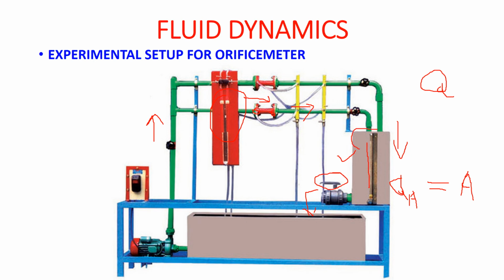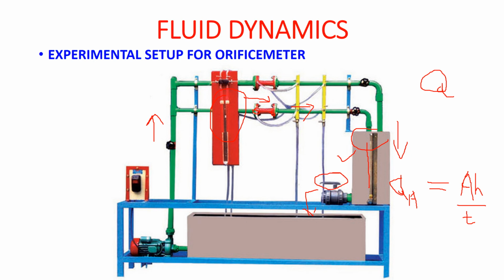Area of this collecting tank into height H, this height means height of water in collecting tank, divided by time. Okay, so how much time has been required for the water to rise in this collecting tank? This will give us the value of actual discharge.